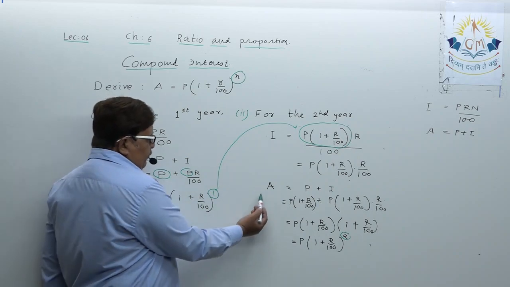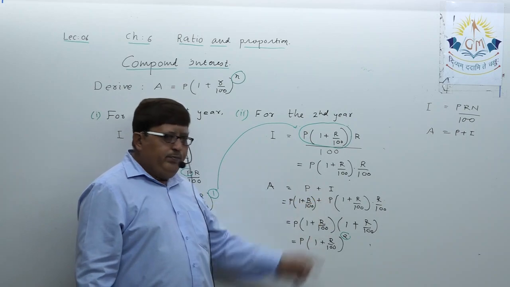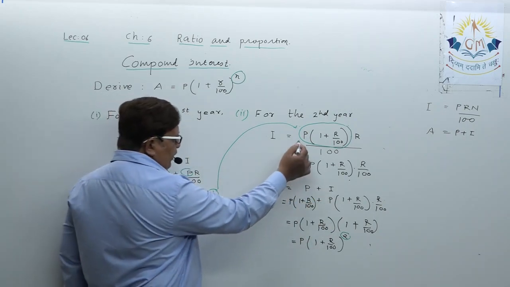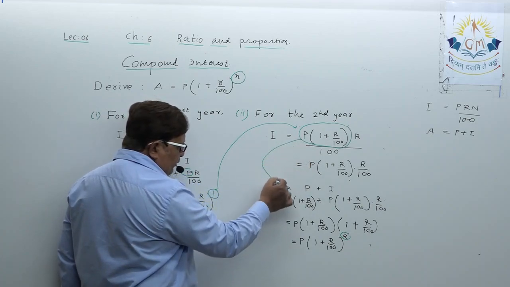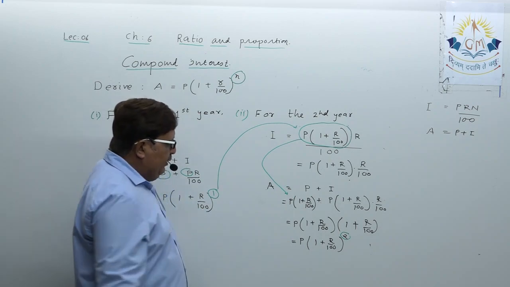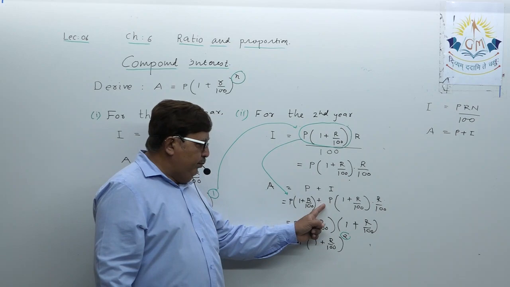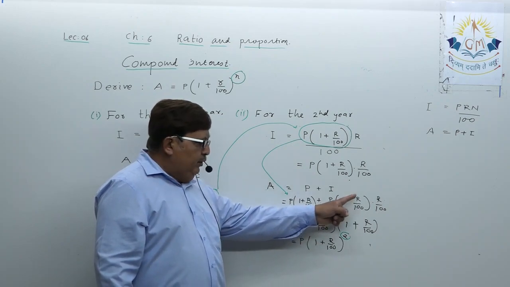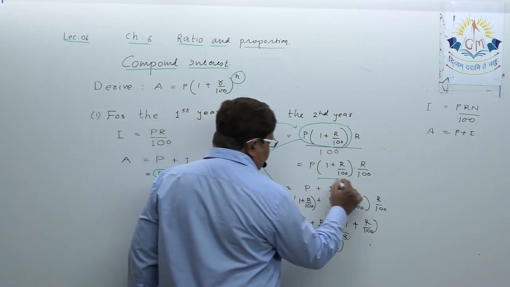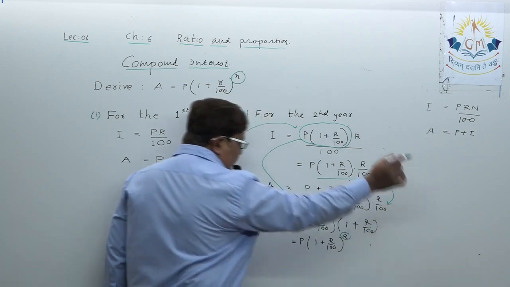Now again, dear student, amount, P plus I. What is P? The same P you have to carry here. P into 1 plus R upon 100, and interest P into 1 plus R upon 100, this one only, you have to write here.